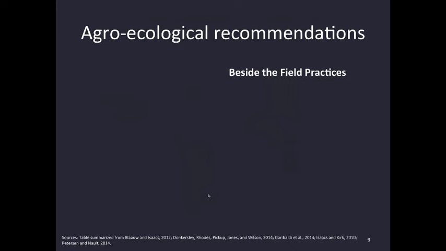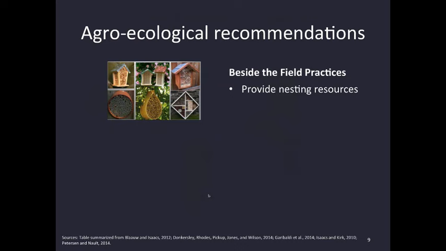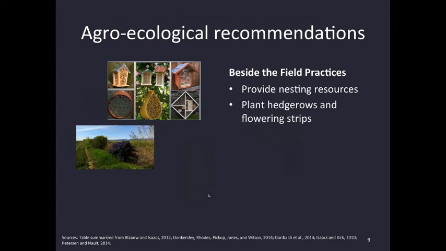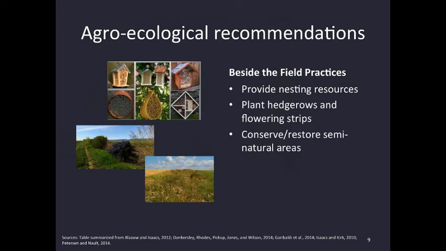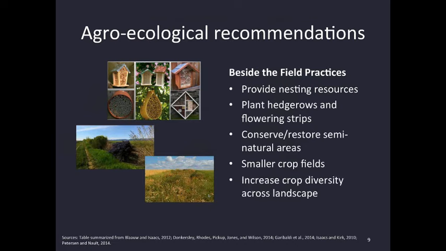Beside the field, there are also additional actions that can be taken. These include providing nesting resources for bumblebees and other native pollinators, which can include planting more hedgerows and flowering strips throughout the fields and along the sides of the fields, conserving natural and semi-natural areas so that they provide more habitat, and decreasing the size of fields so there's more margins between fields for habitat to develop.